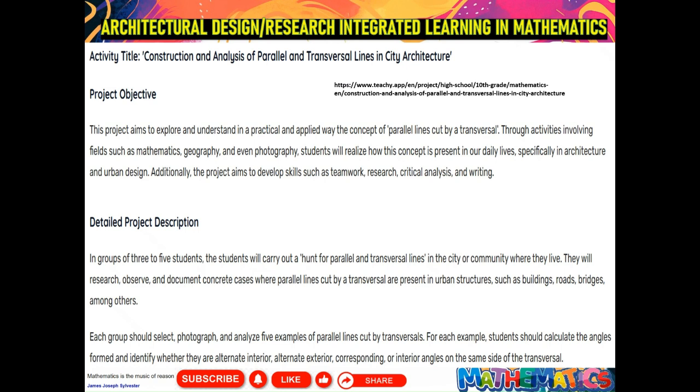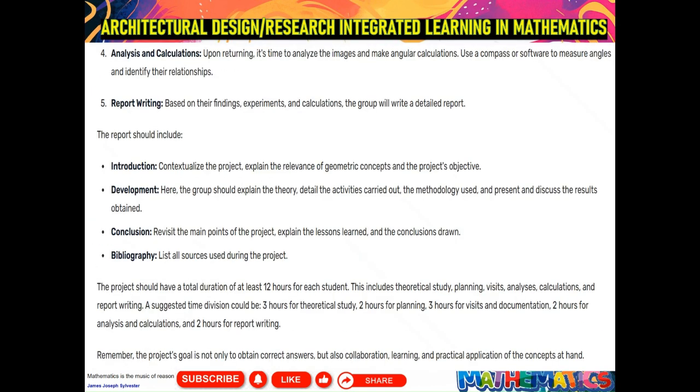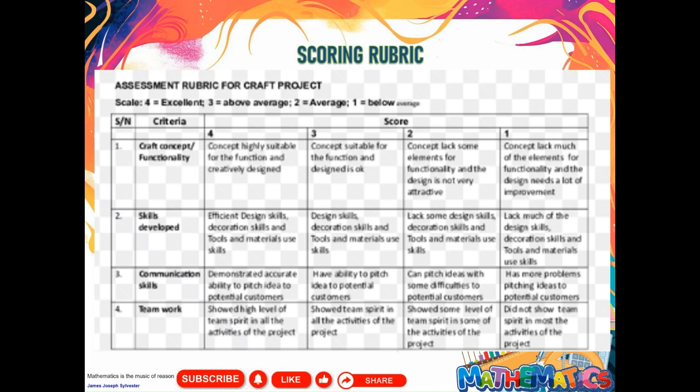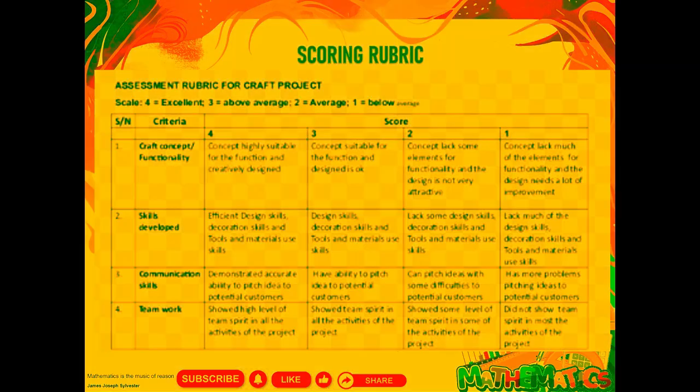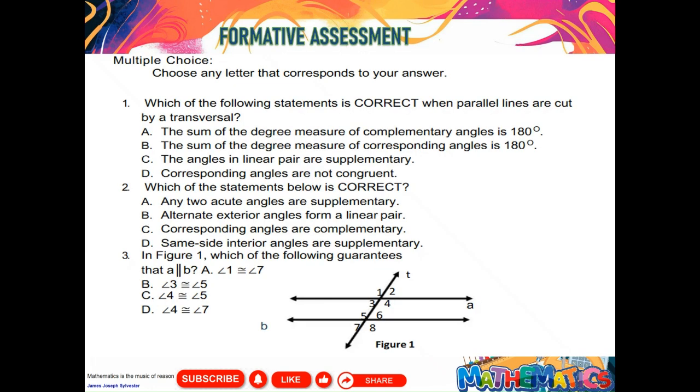Then application of architectural design and resource integrated learning in mathematics. Then we do the scoring rubric for the assessment of the craft project. Then we also prepare a formative assessment. It is a multiple choice type.